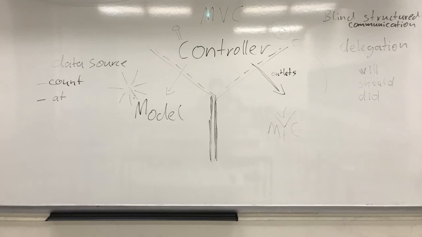Okay, so let's see what else. Let's go back to the model and the controller. Again, who talks to who directly? We have the arrow showing it. The view controller can tell the view that something changed.